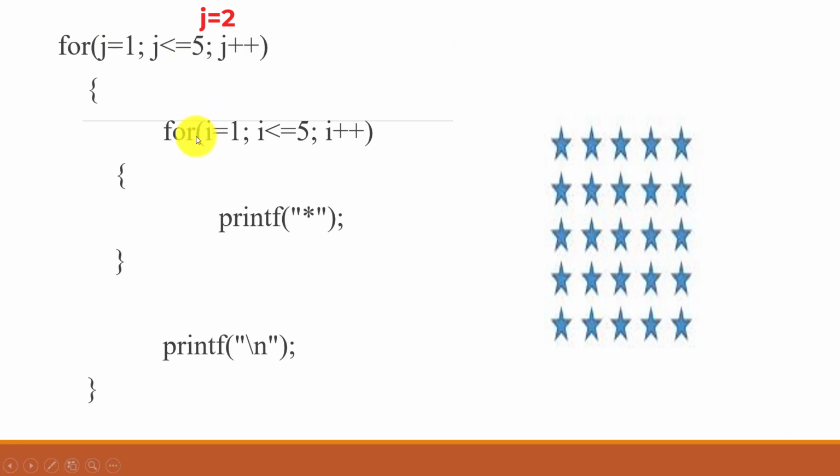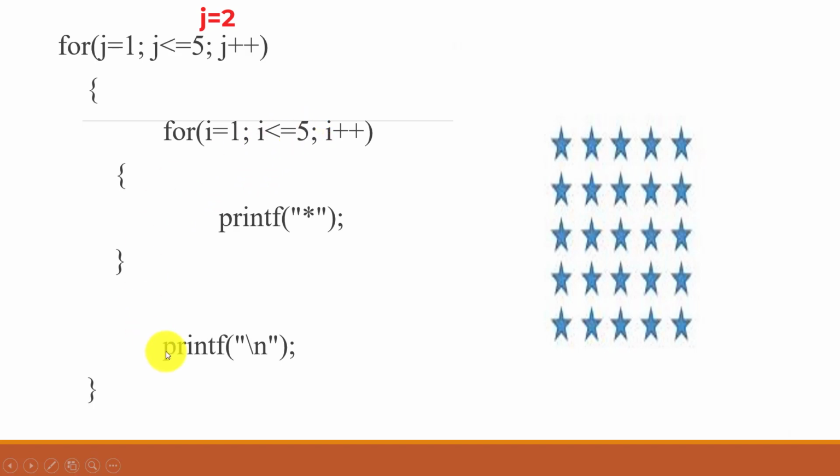Again the control comes to the inner loop. Again i equal to 1 and i less than or equal to 5, it becomes true and it will print the second row of 5 stars, and this loop continues till this condition becomes false, that is i less than or equal to 5.